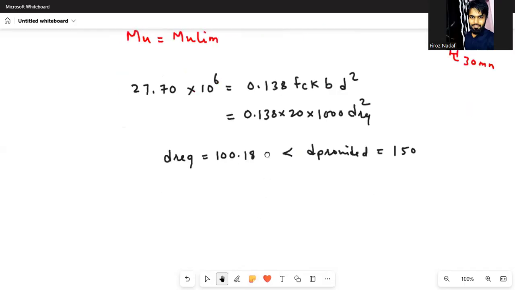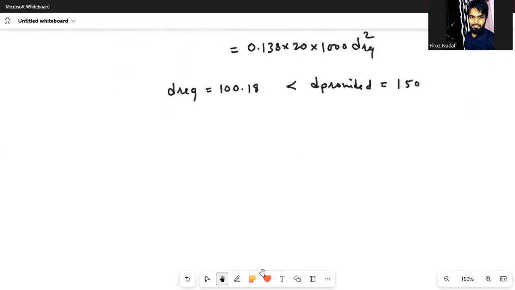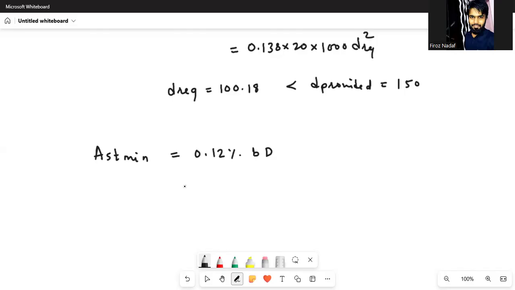Okay. Since we are terming the side wall as that of slab, so Ast minimum, the minimum reinforcement that is provided in the slab or in the side wall, is 0.12% of b into capital D. Okay, so 0.12 divided by 100 into b is 1000, and capital D is 180 mm.